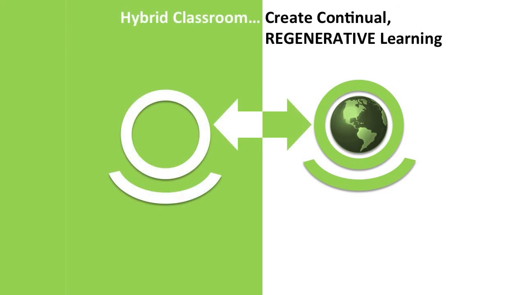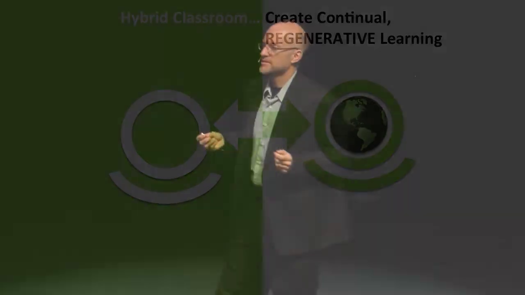So what we are really here to do, and what my idea is that by creating hybrid classrooms, we're creating that continual regenerative learning. So what does that really mean? What it means is something very simple. Instead of waiting to that graduation time and sending the students out to the community, we now have students who know what businesses are in the community. We know what the businesses are doing in our community.